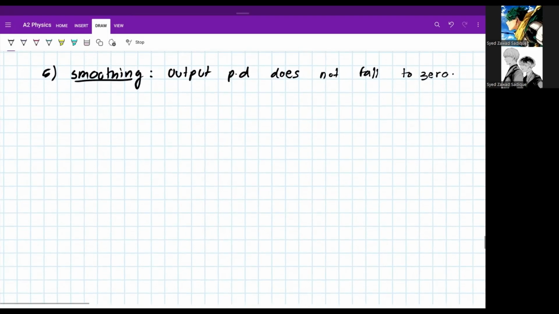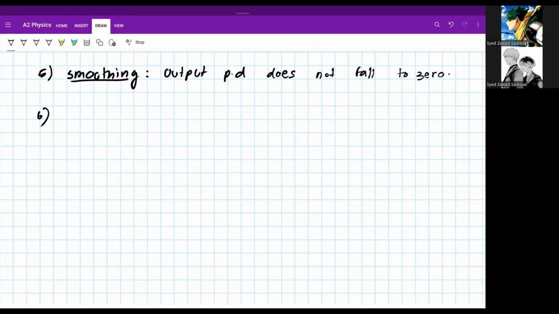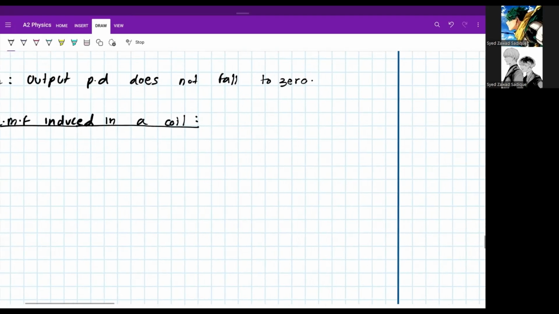Okay, number six. How is EMF induced in a coil? There are things to answer this in bullet points.